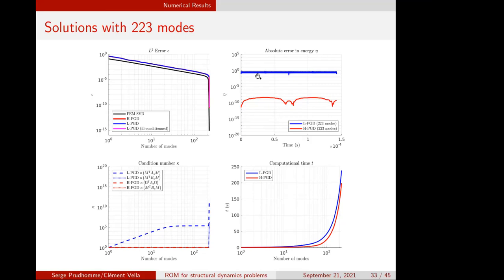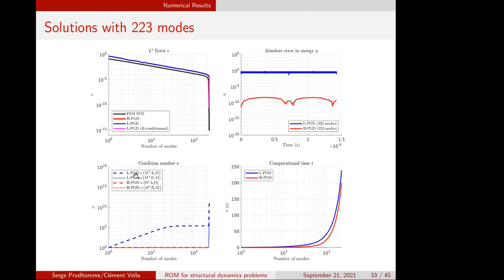However, the error in the energy seemed to be larger for the Lagrangian approach than for the HPGD. And this is considering 223 modes. Here, the error is very much smaller than for the Lagrangian approach.